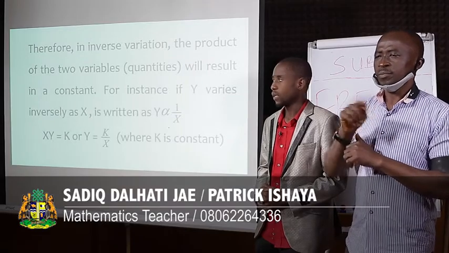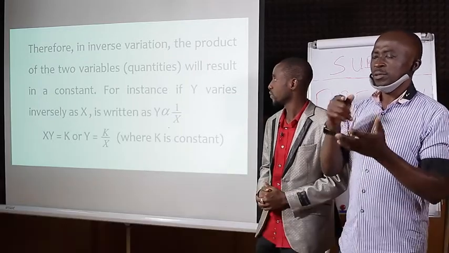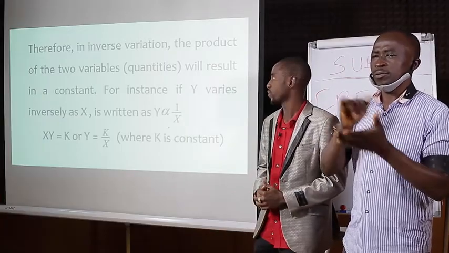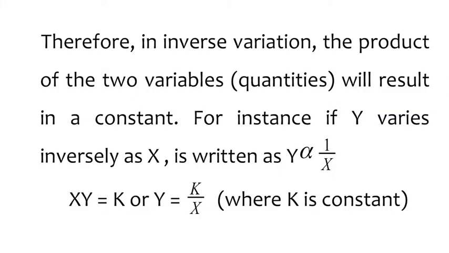Therefore, in inverse variation, the product of the two variables, that is, quantities, will result in a constant. For instance, if y varies inversely as x, then it is written mathematically as y is proportional to 1 over x.